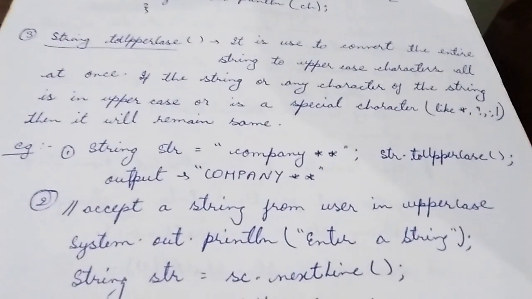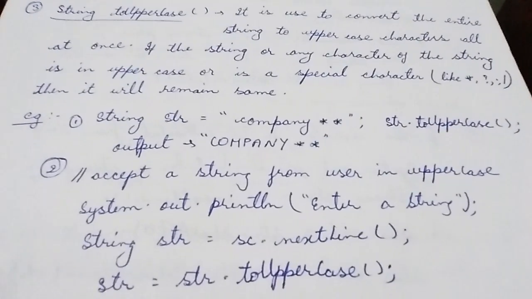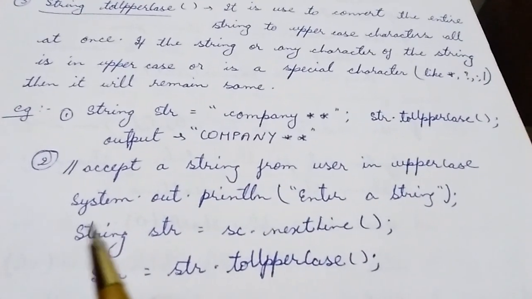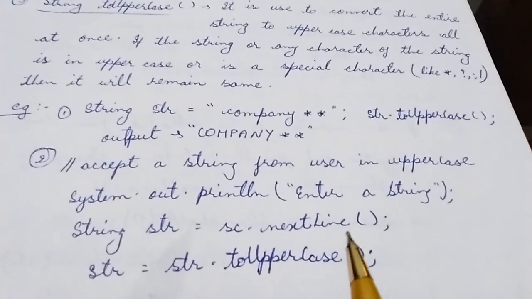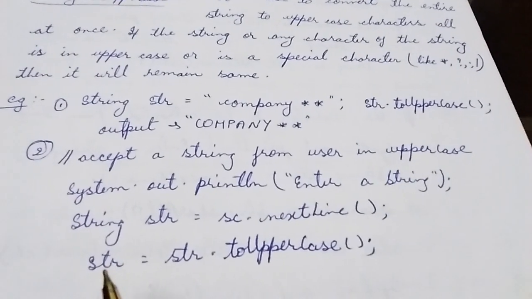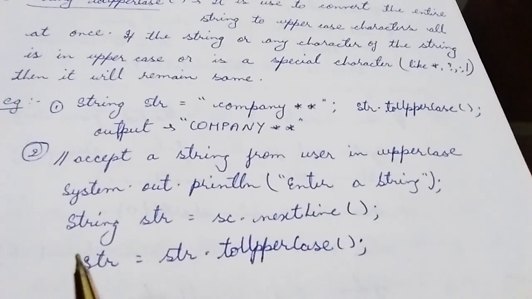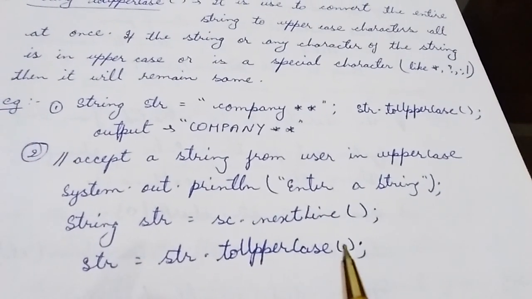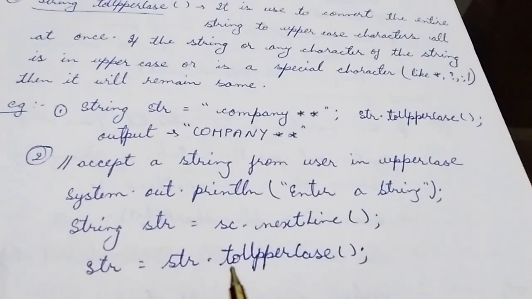The second example: to accept a string from the user in uppercase. We will input a string. System.out.println enter a string, str equals sc.nextLine, and then either we can make use of another string or the same string: str equals str.toUpperCase. We could declare another variable, String str1 equals str.toUpperCase, or the same string can be reinitialized with the uppercase.